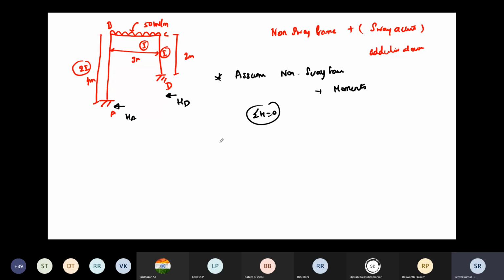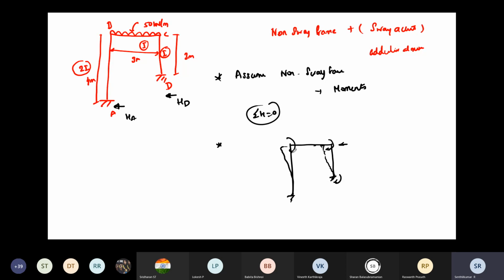Then what you have to do next is, just assume the frame is there and I'm applying some horizontal force, whatever it is. What is happening is, it is swaying by delta. When you use delta, it is a clockwise moment. Here also clockwise moment.